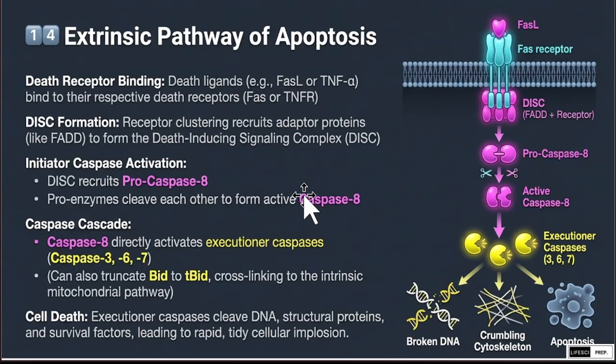Let's talk about the extrinsic pathway of apoptosis. Here, a death ligand, that is FasL or TNF alpha, binds to the death receptor, that is Fas receptor or TNFR receptor, that recruits an adapter protein to form the death-inducing signaling complex, DISC.